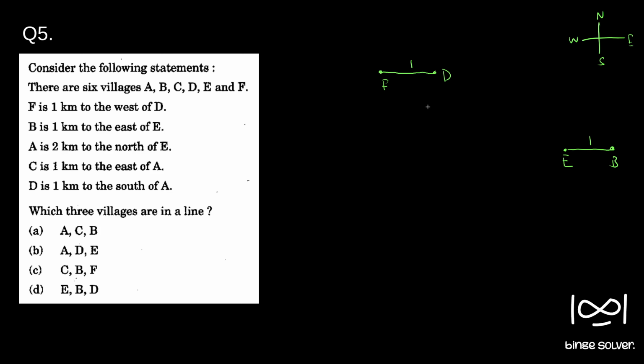A is 2 kilometers north of E. C is 1 kilometer to the east of A. So exactly here, C, 1 kilometer.